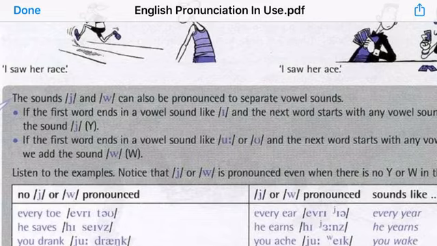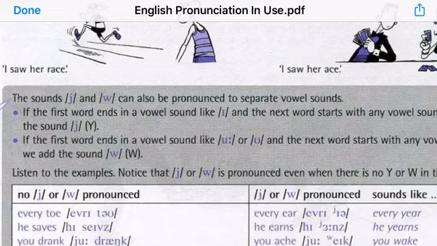"Every" ends with short E, "year." When we say them together, we have to insert a sound in between, so it would be pronounced as "every year," as if we say "every yyear." This is insertive Y.